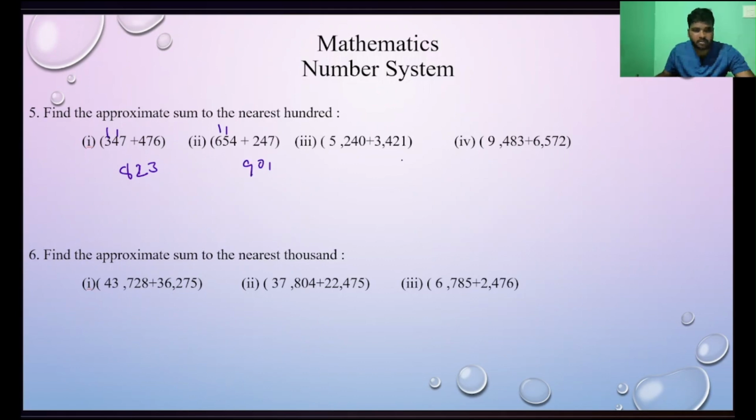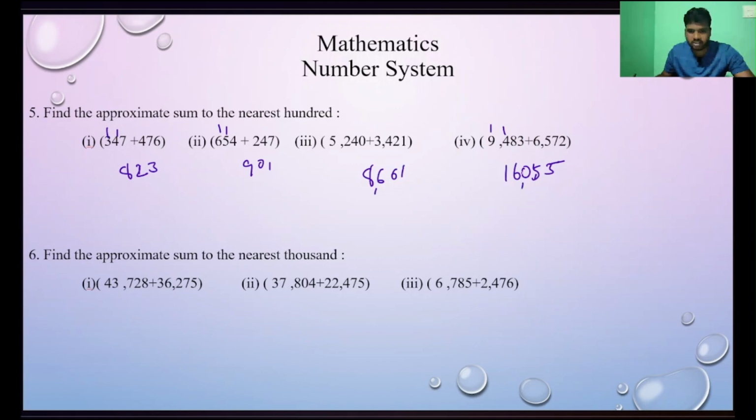And then moving on, 1 here, and 4 plus 2 is 6 here, and 2 plus 4 is 6 again, 5 plus 3 is 8 again. Next 5 here, and 7 plus 8 is 15, which means 1 here. 5 plus 4 is 9, plus 1 is 10 here, and 1 here. 9 plus 6 is 15, 15 plus 1 is 16 here.